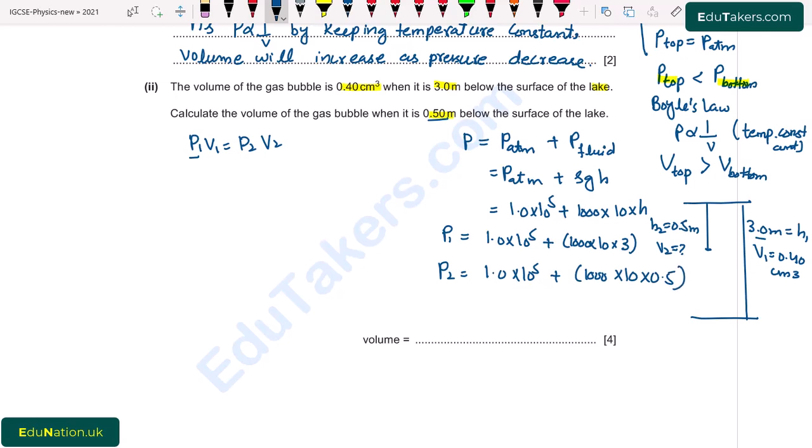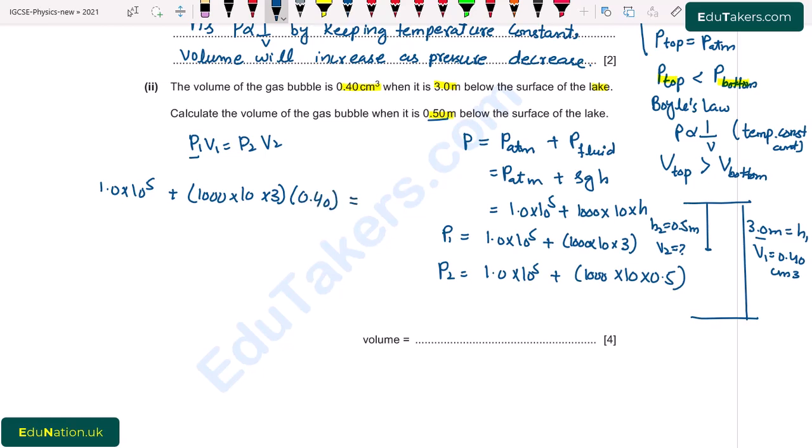So these are the pressures. Now here we have to calculate the value of V2. By putting values here, we get: P1 is 1.0 times 10 to the power 5 plus 1000 multiplied by 10 and 3, and the volume at this level is 0.40.